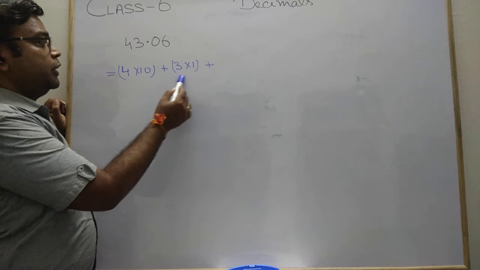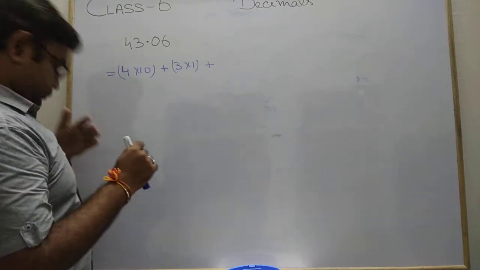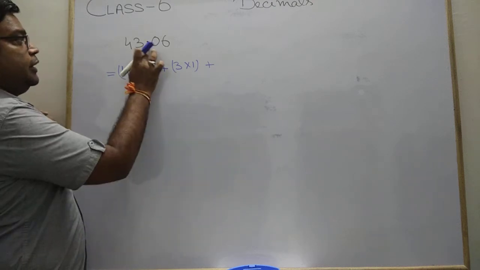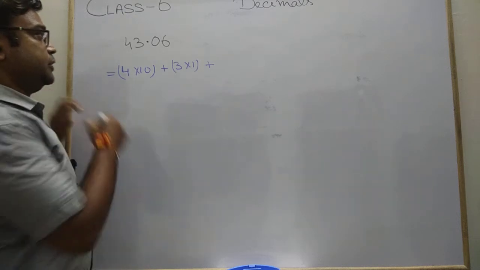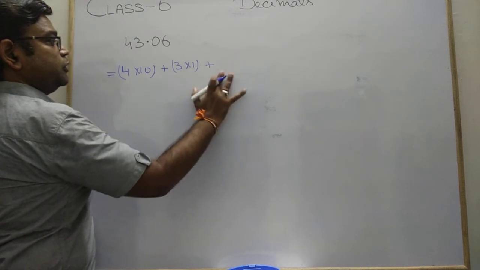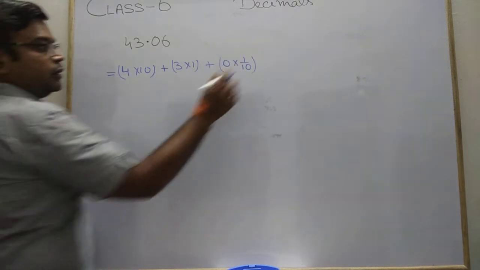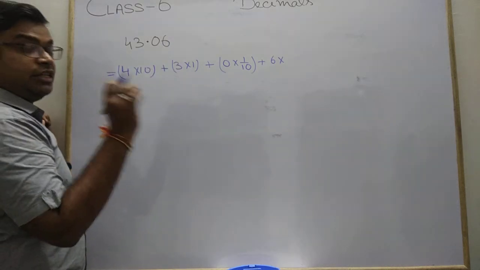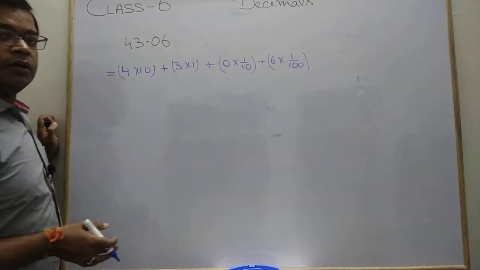Here we are unable to continue in the same way, so we have to make a little change. After the decimal there is no ones concept, there is a tenth place. So we can write 0 into 1 upon 10, use bracket, plus 6 into 1 upon 100, as it's the hundredths place. So this is your expanded form.